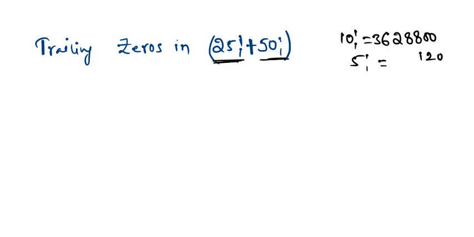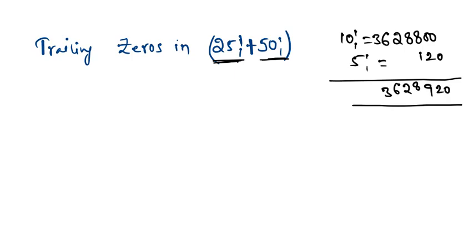What is the sum of these two values? It is nothing but 3628920. How many zeros at the end? Only one zero. 10 factorial has 2 zeros and 5 factorial has 1 zero. So the final answer will be equal to 1 zero.